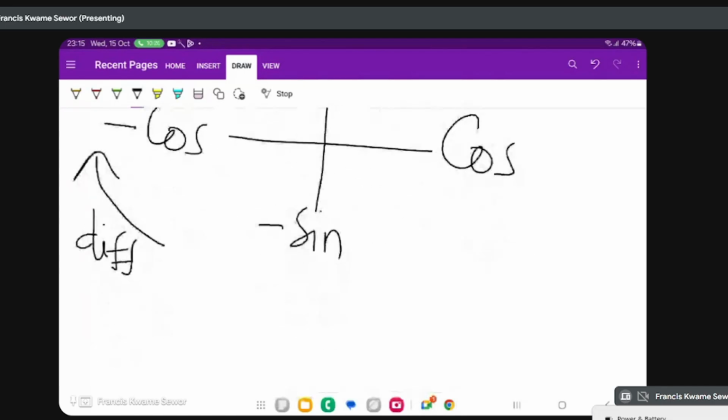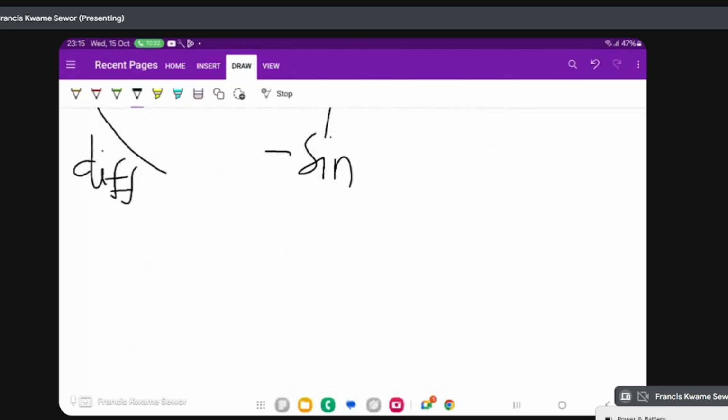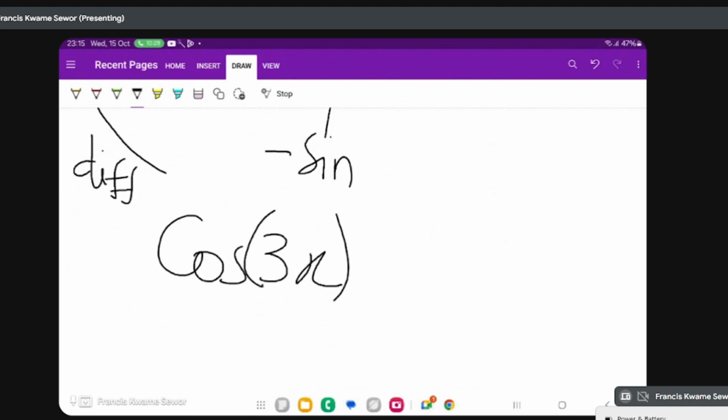Now the next thing is, if you have cos of 3x, or let me put the general function. Let's say cos f, where f is a function. What's the resulting answer?